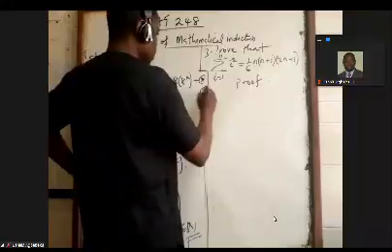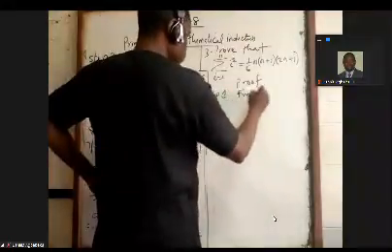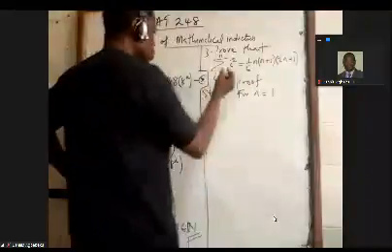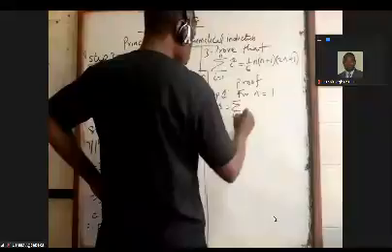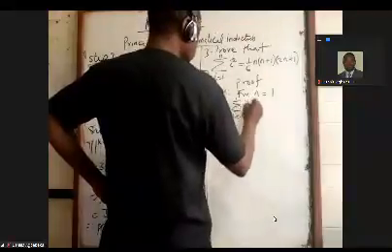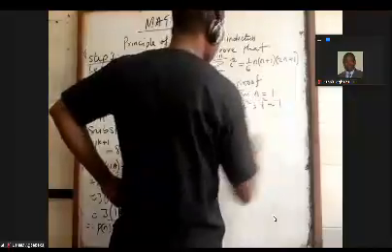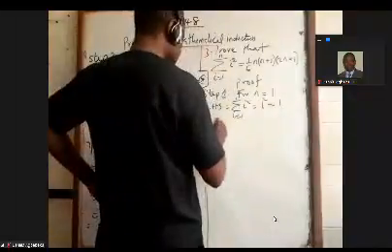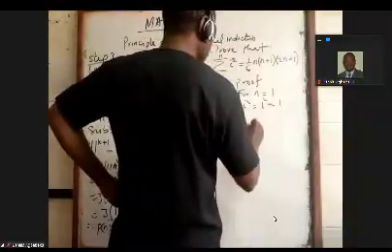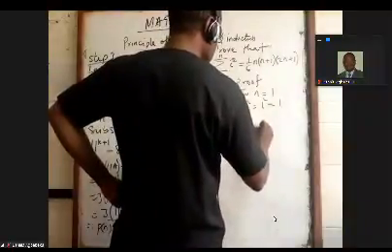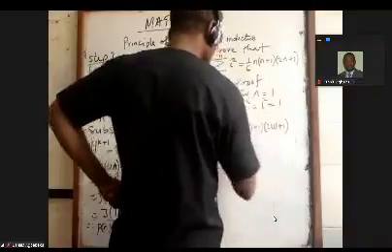So Pn is true. That statement is true for n equal to 1. So step 2, we are going to assume that the statement is true for n equal to k. So that's our step 2. Suppose Pn, our statement, is true for n equal to k.